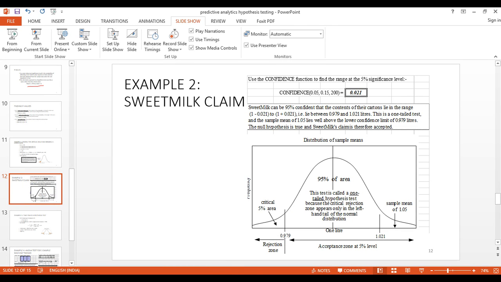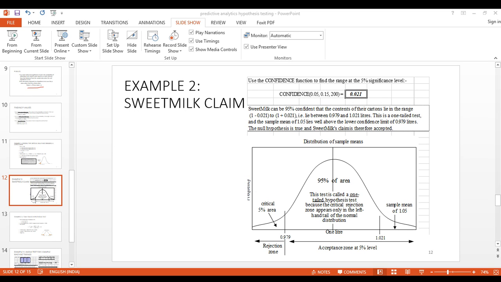If I go to my Excel sheet, I can show you here. The critical value is normally found by T inverse of 1 minus alpha. So I can go here and say T inverse.